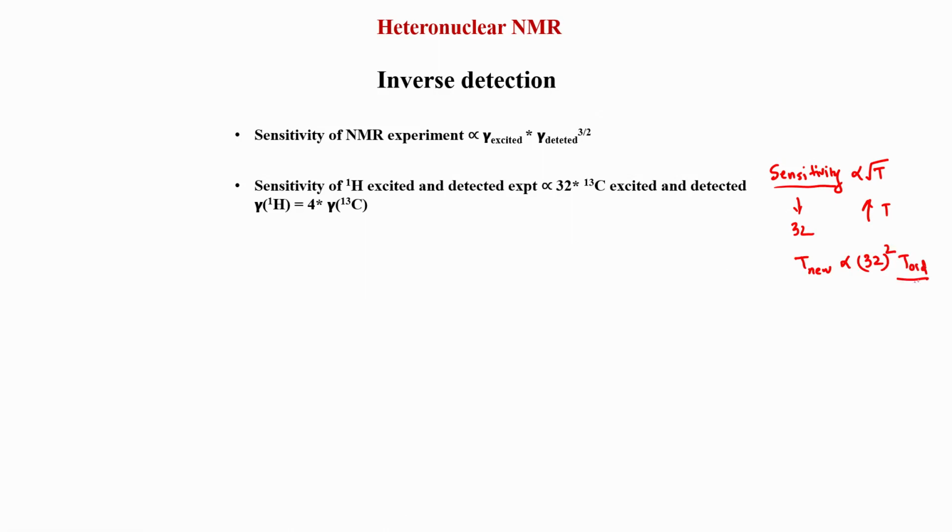Suppose the old time was 1 hour, which I was using earlier, but now my sensitivity has dropped by 32 times. So I need to increase my measurement time. And how much should I increase the time? I should increase it by the square, because of this square root. If I take t as the square of the sensitivity factor, I need to increase it close to 1000 times.